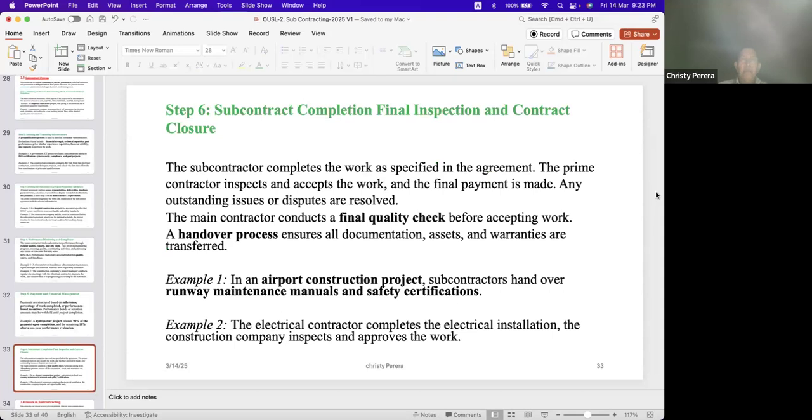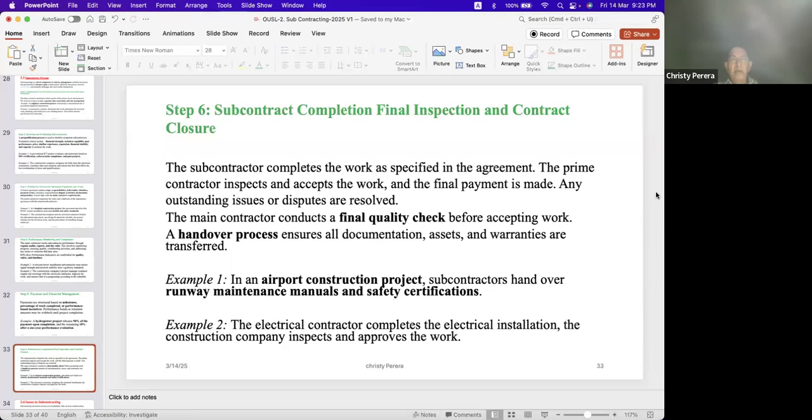Step 6, subcontract completion, final inspection and contract closure. Example 1, the things you can understand. In an airport construction project, subcontractors hand over runway maintenance manuals and safety certifications.